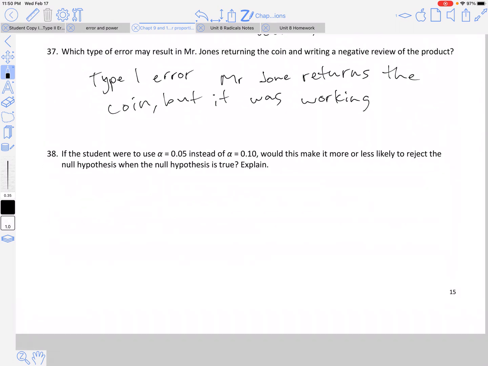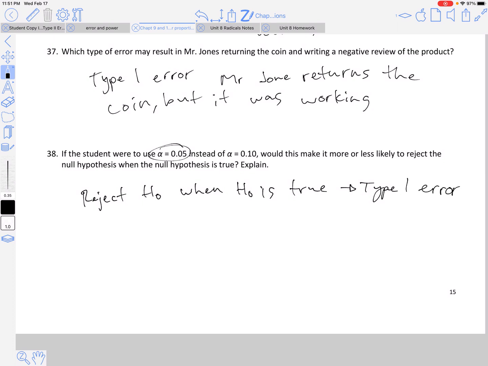All right, so if the students were to use a 5% instead of a 10%, would this make it more or less likely to reject the null? If we use an alpha, a significance level of 5%, there's a 5% chance that we'll commit a type 1 error. If we reject the null when the null is true, we committed a type 1 error.